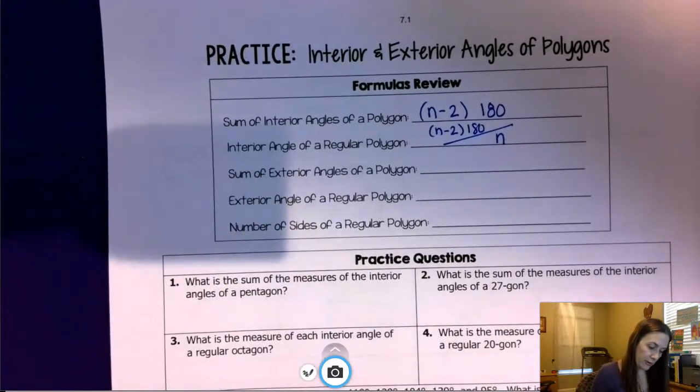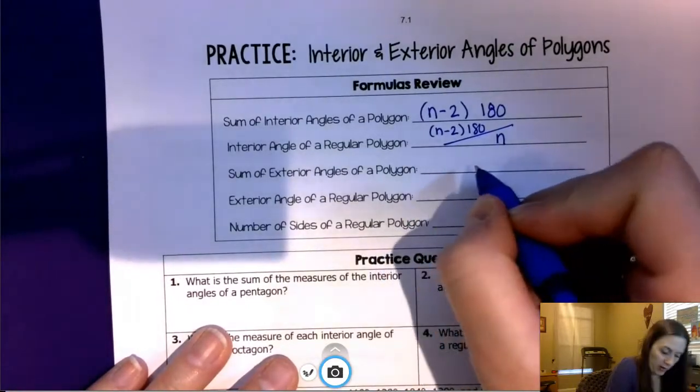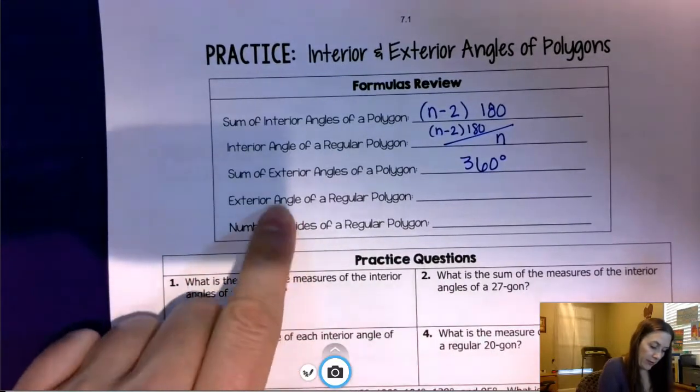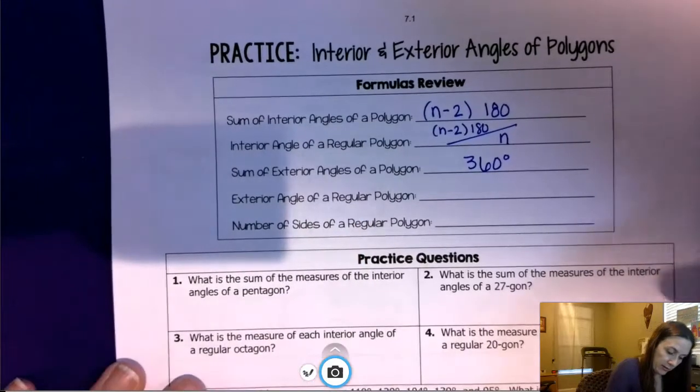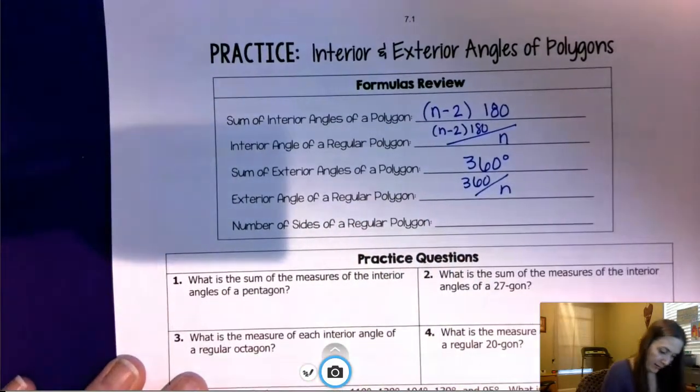The sum of the exterior angles of any polygon, every time, all the time, no matter what, is 360 degrees. Now, if I want to find the exterior angle of a single angle of a regular polygon, I'm going to take 360 and divide by n.